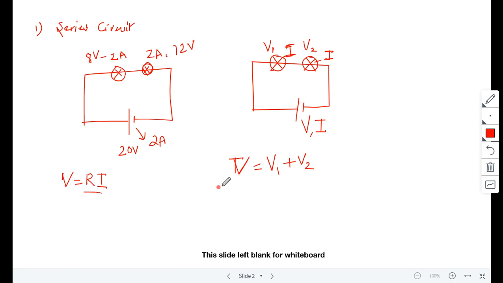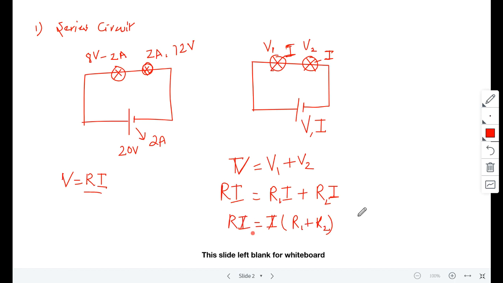So in place of V, I can write R multiplied by I. In place of V1, I can write R1 multiplied by I. And in place of V2, I can write R2 multiplied by I. So R multiplied by I equals, taking out I, I multiplied by R1 plus R2, and I gets cancelled out.